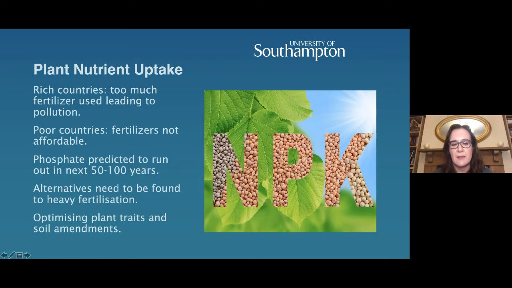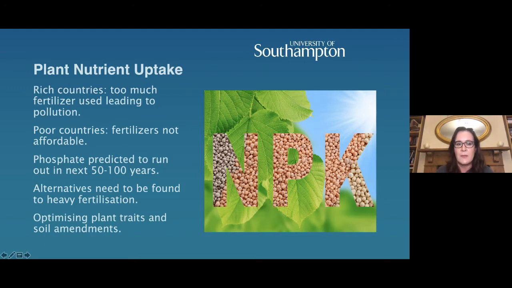So no matter which way you look at it, one needs to optimize the plant traits and soil management practices to deal with these increased costs of soil management to be able to grow the crops for human consumption.